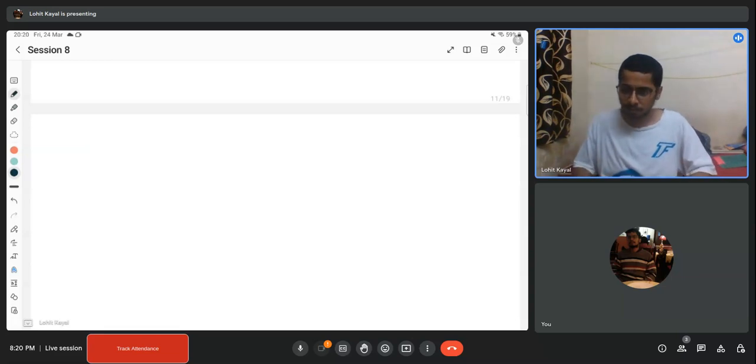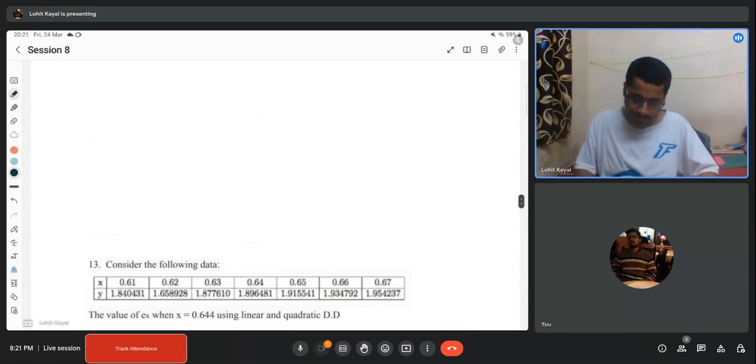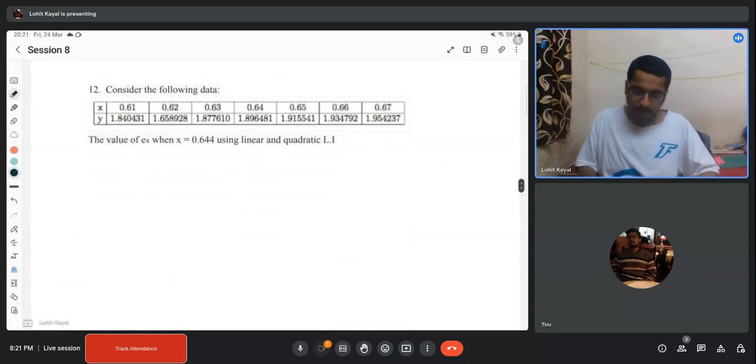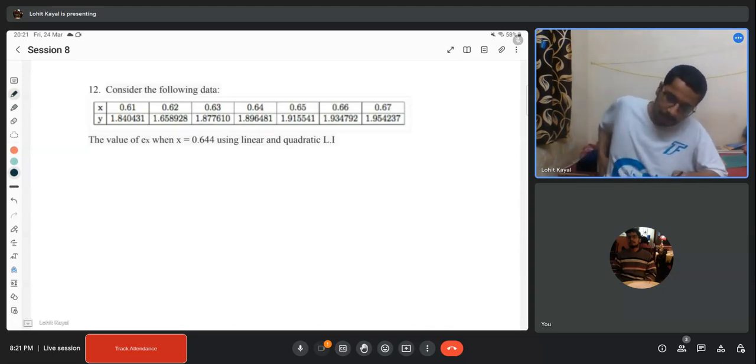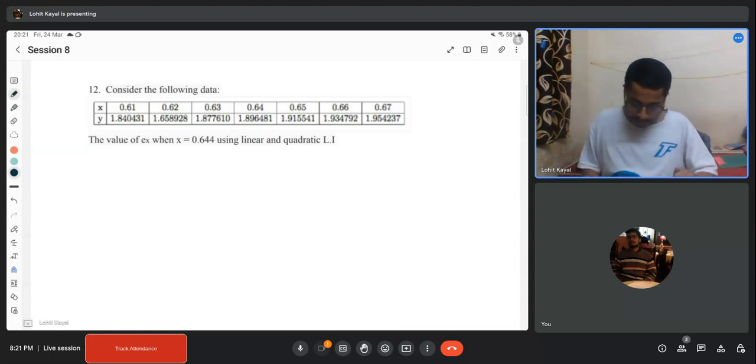These two are a little bit lengthy questions, but it will be worth it, because here I will deal with the difference table and the Lagrange interpolation, the polynomial functions. So you need to get the detailed idea of this, and after this I will start discussing the spline interpolation.